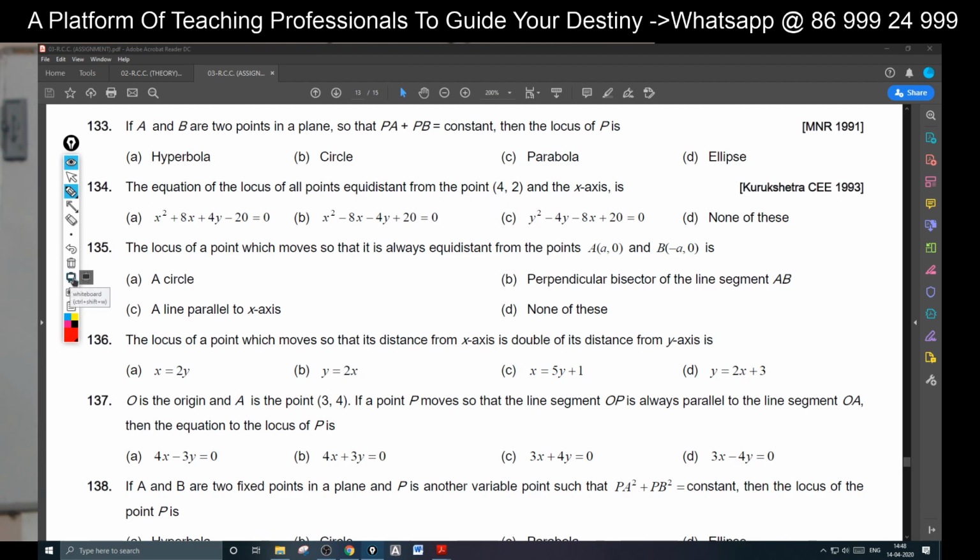Okay, so now as usual, take the point as P(x, y). And the given point is 4, 2.